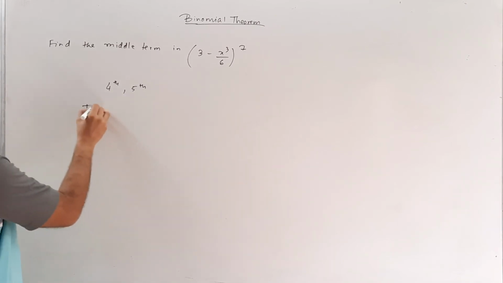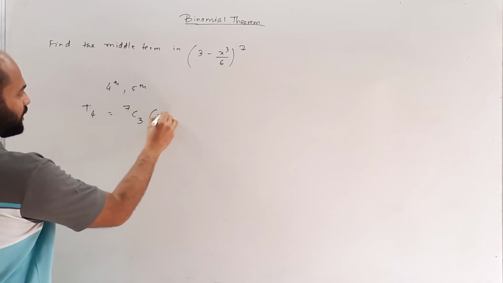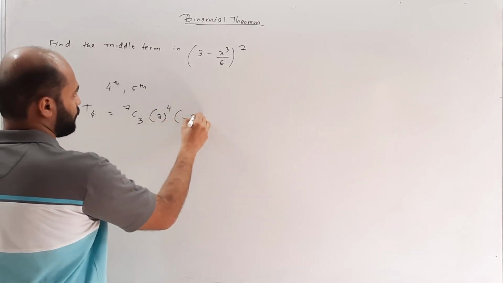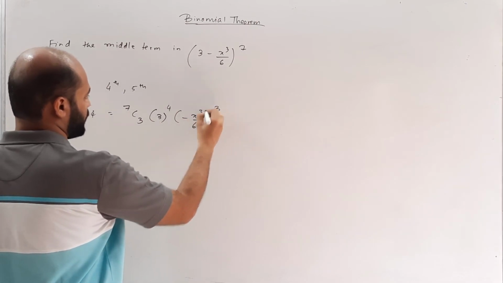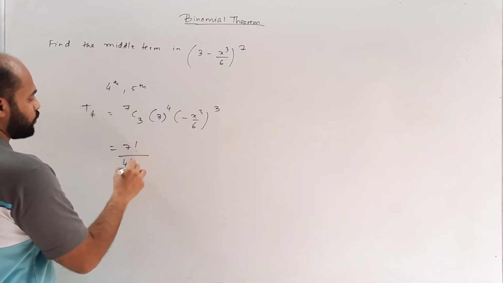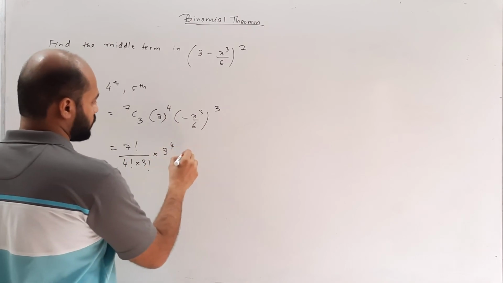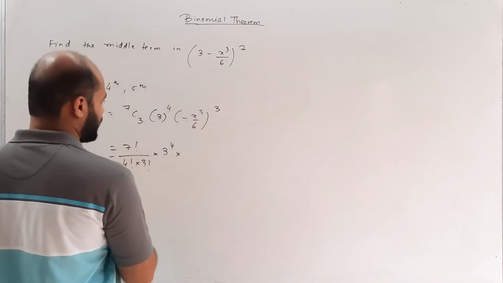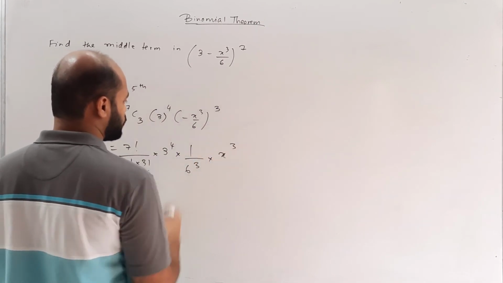So T4 is going to be 7C3 3 raised to 4 (minus x cube by 6) raised to 3. Let's expand this. So this is going to be 7 factorial by 4 factorial into 3 factorial. This is going to be 3 raised to 4, and this is going to be minus 1 by 6 cube x raised to 3.